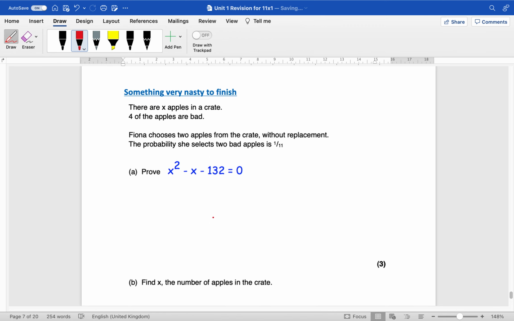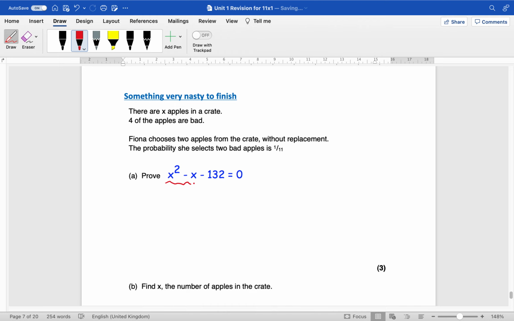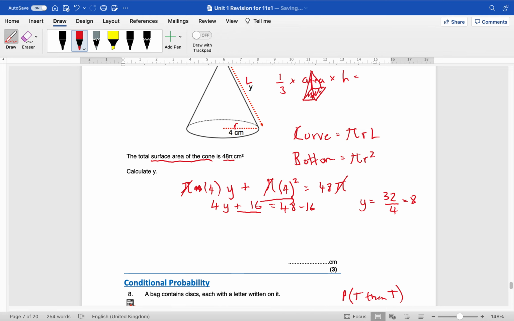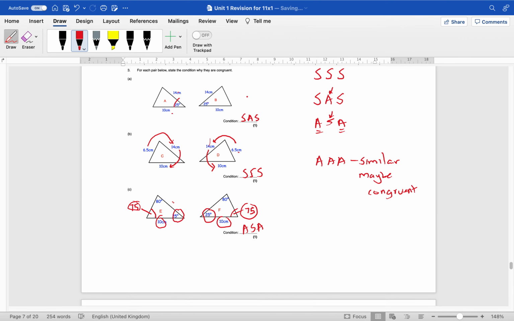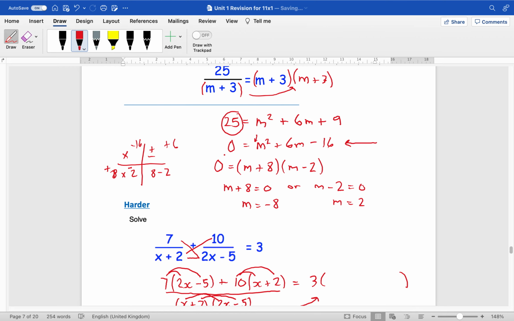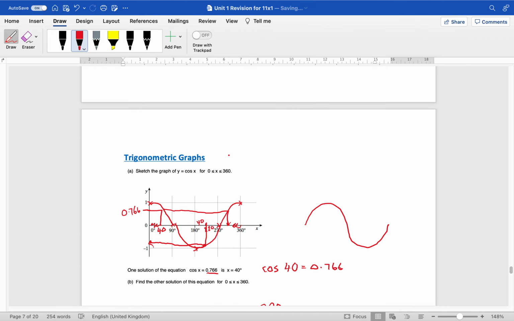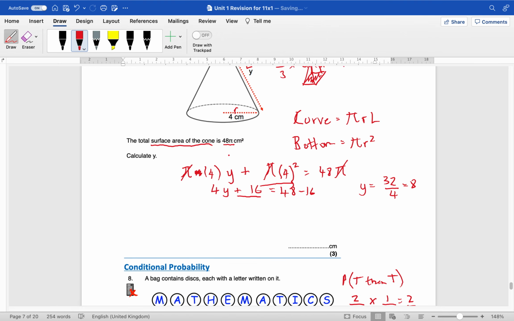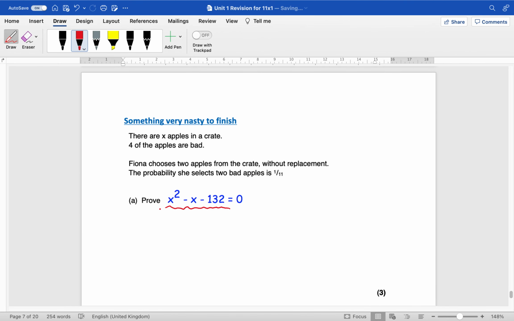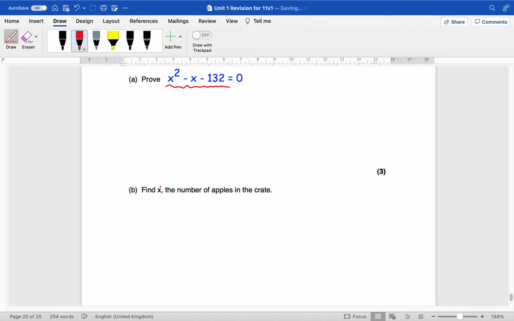I don't really want to talk about this, okay? I just want to say that the other way to get a quadratic to solve, okay, one way is with these algebraic fractions, where you rearrange them and you get your quadratics like that. The other way is like a part A and a part B, where part A is to prove the quadratic is the right thing for the question, and then part B is to find x, which is another way of saying solve.